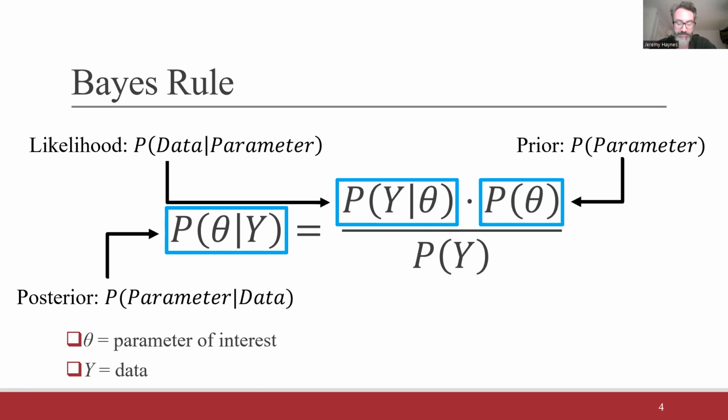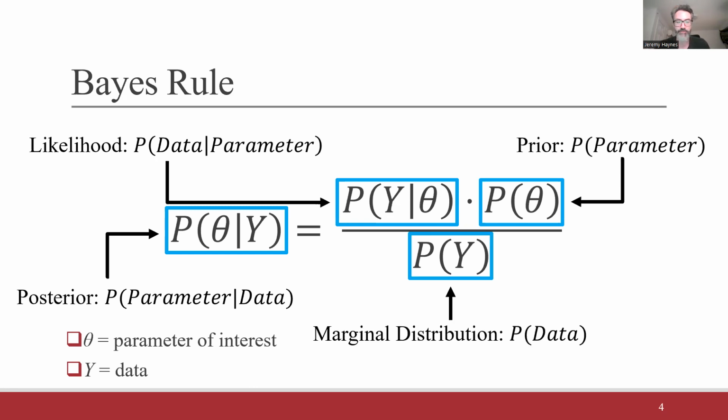Now, that doesn't mean we have to set our prior probabilities well before we collect our data. This is just the probability of the parameter without considering the data. That might be a better way to put it. And then the denominator is referred to as the marginal distribution, sometimes referred to as the evidence or the probability of the data. And as we'll see in a bit, we actually won't have to deal with the marginal distribution a whole lot. So I'm not going to discuss that in too much detail.